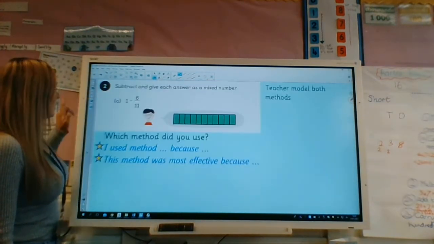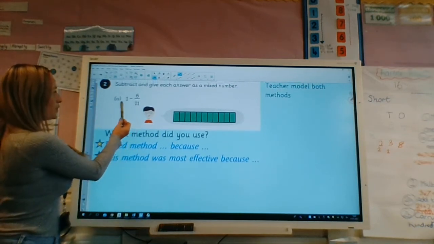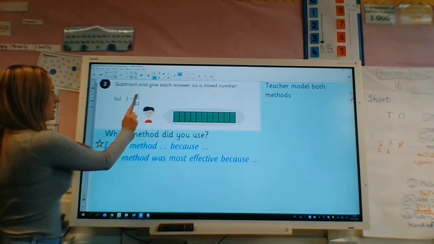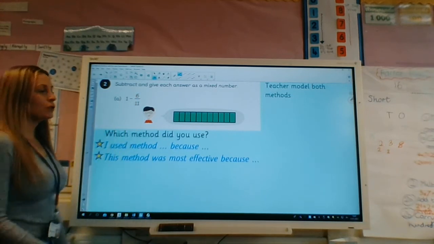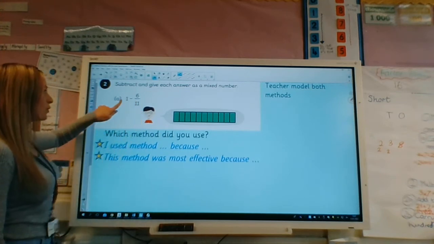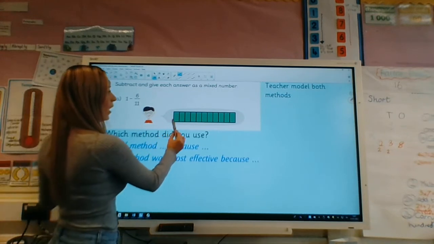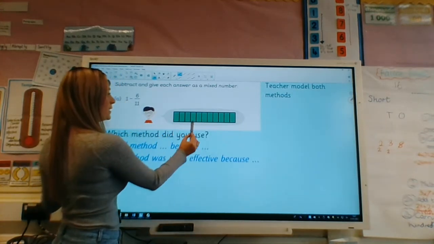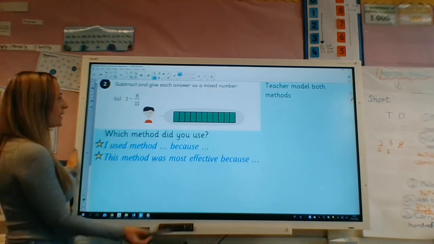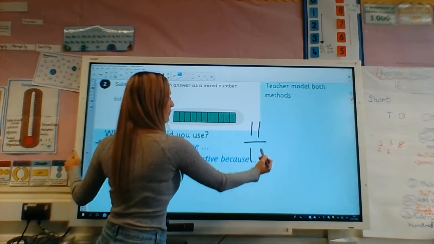Now, what happens though if you've got to subtract a fraction from a whole number? So here we've got 1 whole, subtract 6 elevenths. You can't actually subtract 6 elevenths from a whole number, so you need to turn the whole number into a fraction. So here we've got a whole bar and it's split into 11. So 1 whole in this case would be the same as 11 elevenths.